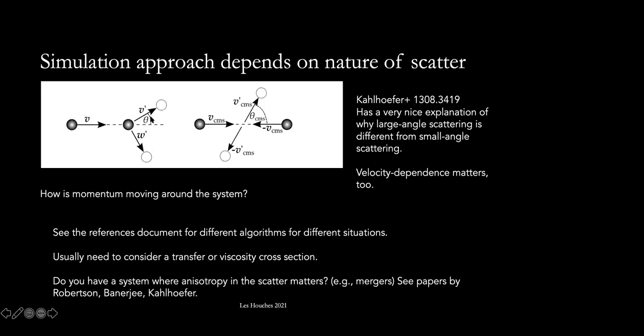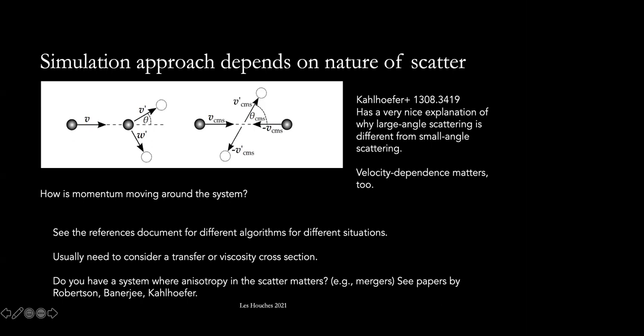This is pulled from a very nice paper by Felix Kahlhoefer and collaborators, where he shows what the scattering looks like in the lab frame versus the center of mass frame. The approach to figuring out the momentum and energy transfer is different if you have a cross section which is really dominated by small angle scattering.